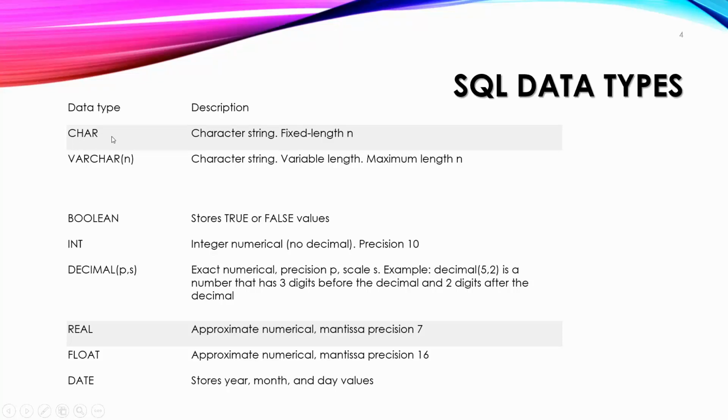If you want to use floating numbers, you can use the float data type. And if you want to store your birthday or any other date, you can use the date data type. These are the data types you can use when you are creating your database and giving data into it.